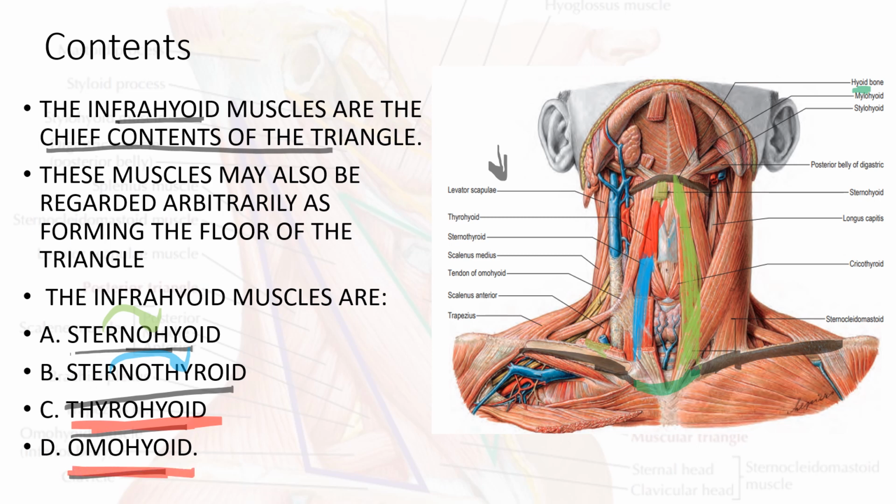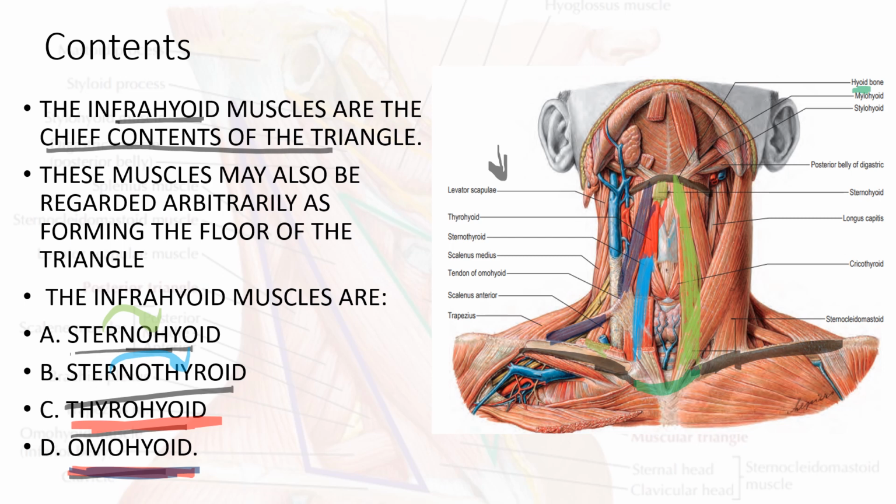Omo is scapula. So omohyoid is from scapula. This is the area of scapula. इस मसल ये trapezius है, इसके नीचे scapula है अंदर. So this is omohyoid. Inferior belly. Here is superior belly.